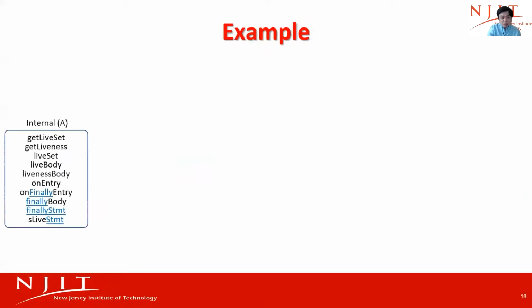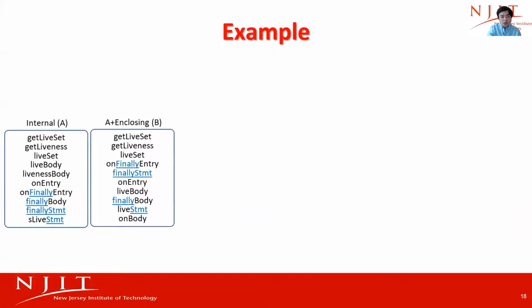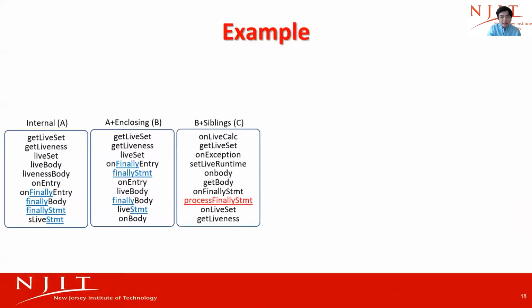For this example, when our approach only has the internal context, it cannot predict the correct method name in the top 10 results, but some key subtokens like finally and statement are already in the top 10 results. When we add the enclosing context, the method name is still not there, but the key subtokens like finally are ranked higher. And when we add the sibling context, the correct method name appears in the top 10 results, at top 7.